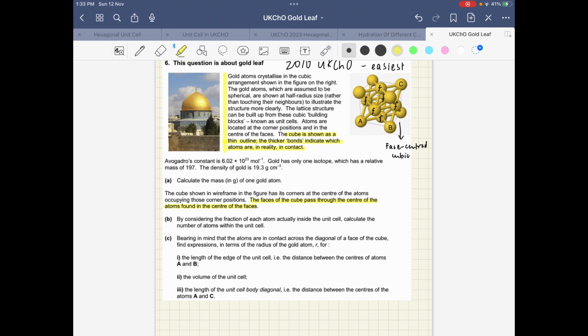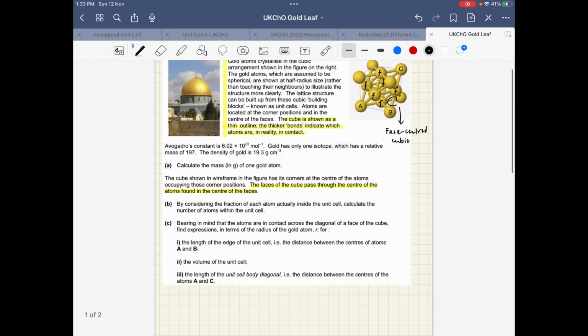It's what I have said in my introduction to the unit cell video. These lines are actually not bonds, but show that the atoms are in contact with each other. So you should try to visualize the unit cell in the form where every atom is directly touching each other.